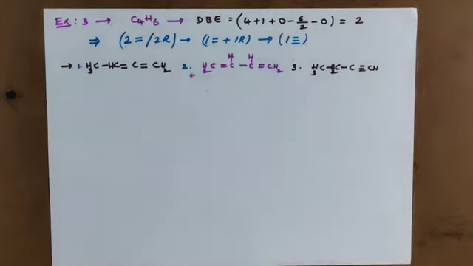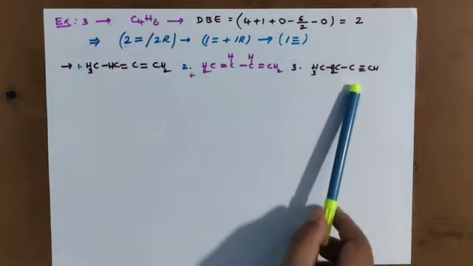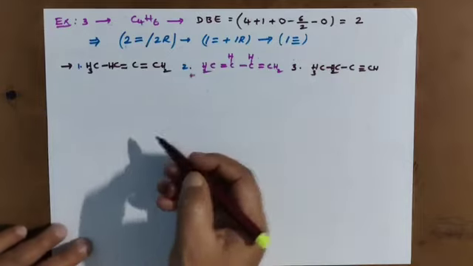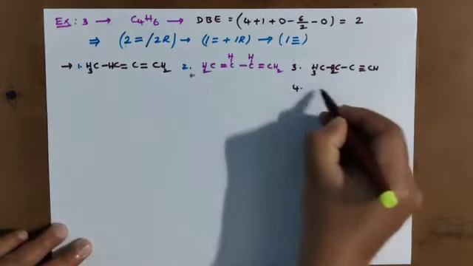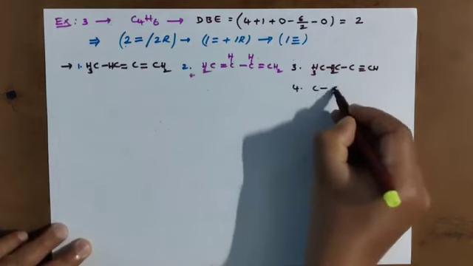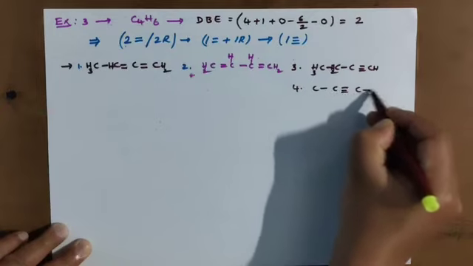With double bonds, 2 structures we got. With a triple bond, 1 structure we got. And with a triple bond, 1 more structure is also possible, if I change the triple bond position. 1, 2, triple bond, carbon, carbon.